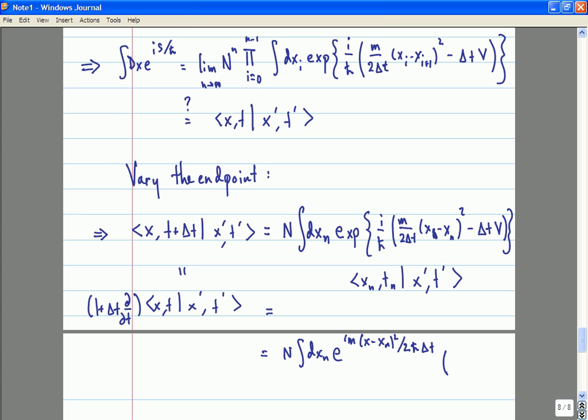So that's 1 minus i over h bar delta t times V, plus terms that are higher order in delta t that aren't going to matter.